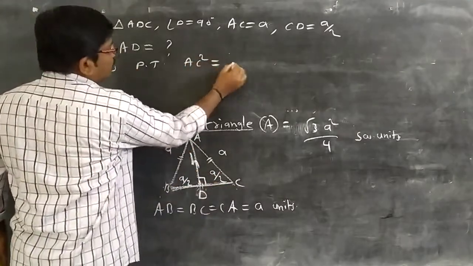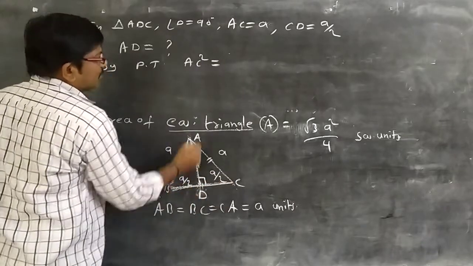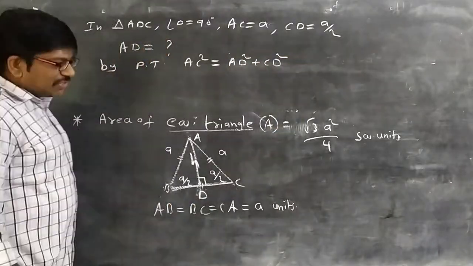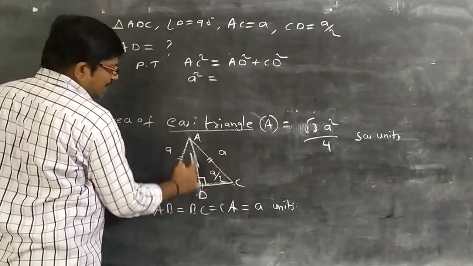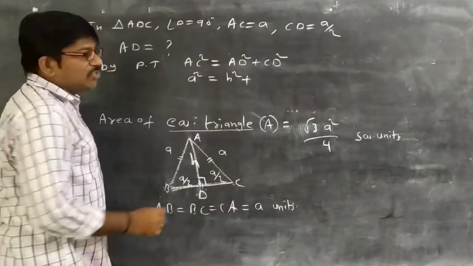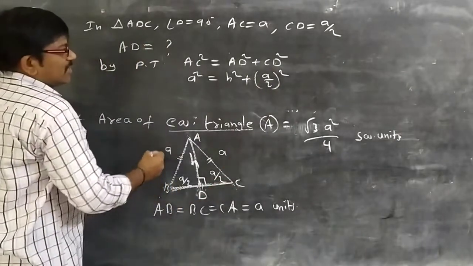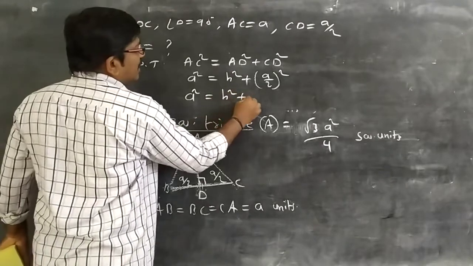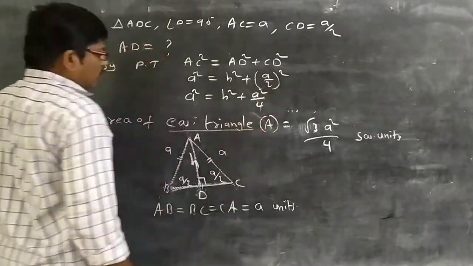AC square is equal to CD square plus AD square, or AD square plus CD square, right? So AC is A units. A square is equal to AD, which is H square, plus CD, CD is A by 2, A by 2 whole square, right? So A square is equal to H square plus A by 2 whole square, that is A square by 2 square, 4, right?